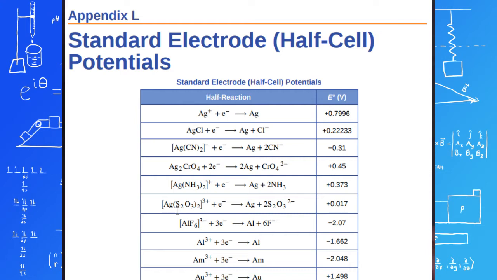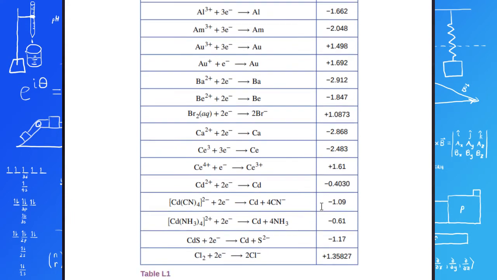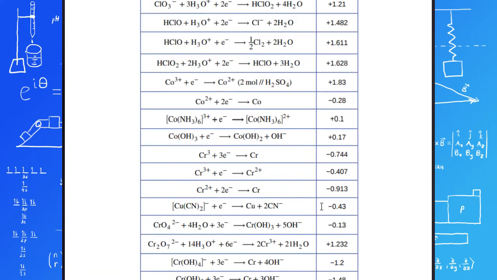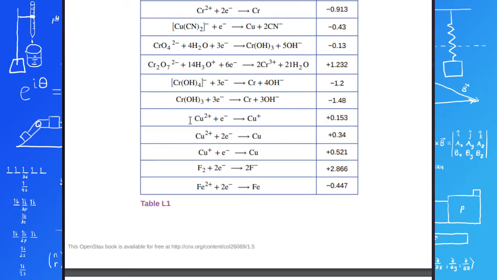But for silver, I guess I'll write it next to the reaction itself. Here the silver is getting reduced, so E reduction of silver is equal to positive 0.7996 volts. And for copper, if I scroll down, where is copper? Okay, we've got two different copper reductions.